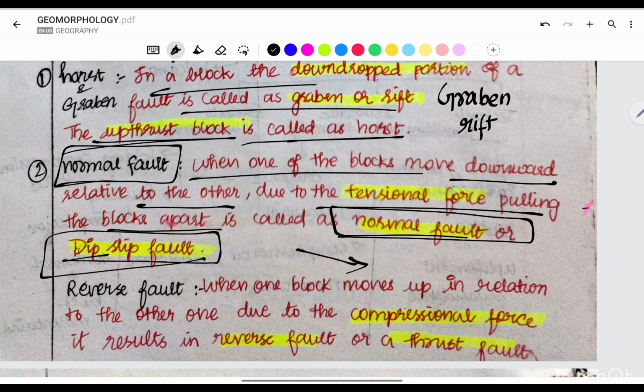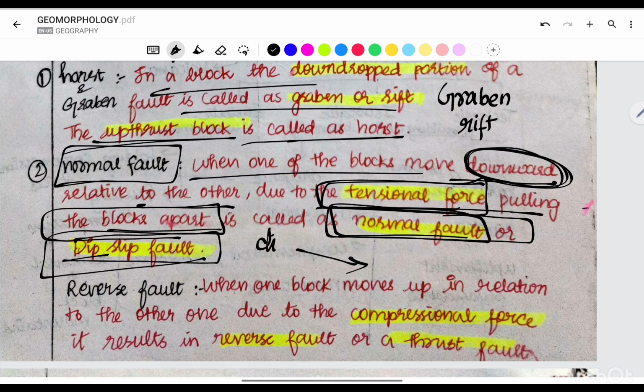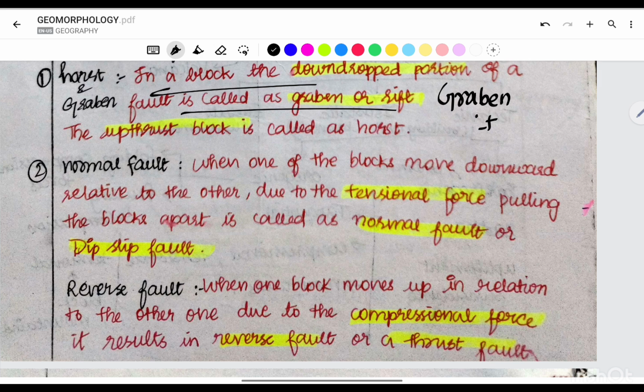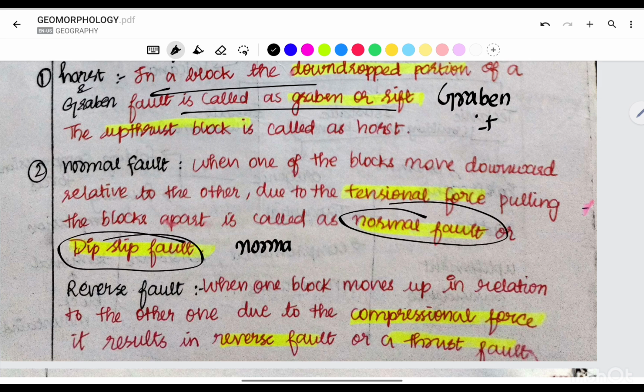So we have the normal fault, or we can also mention it as a dip slip fault.